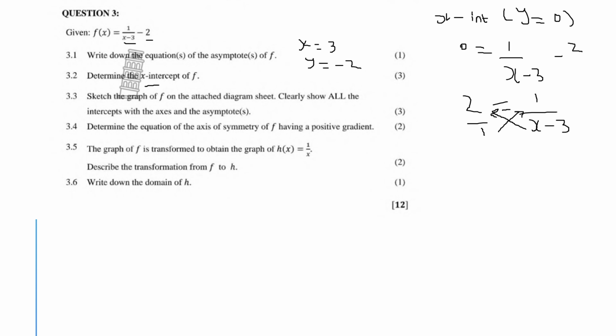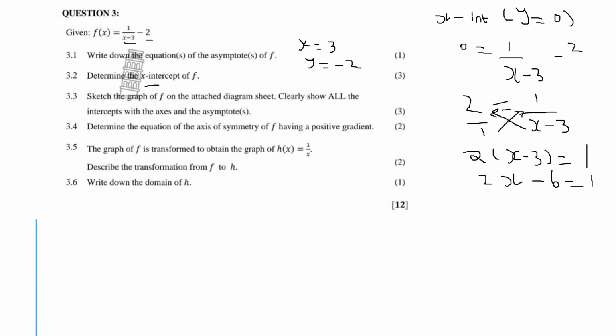So it will be 2 multiplied by x minus 3 is equal to 1 times 1, which is 1. 2 times x will be 2x, and 2 times -3 will be -6, equal to 1.